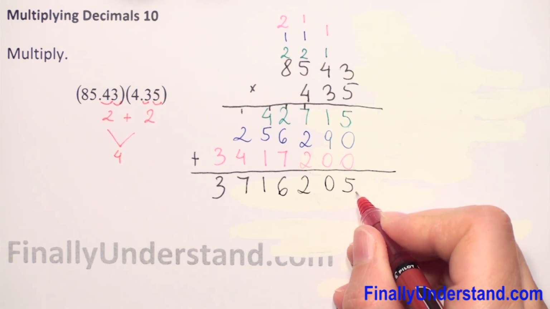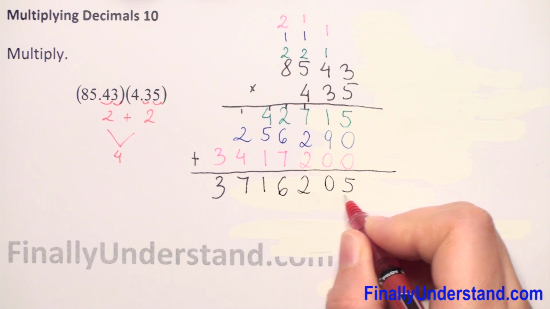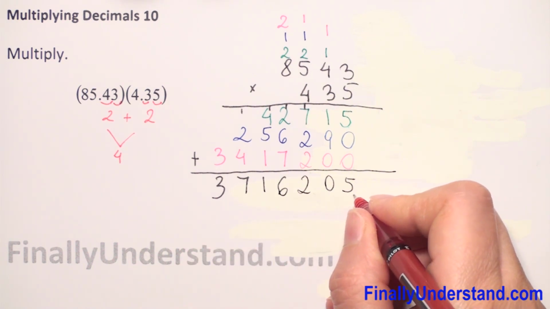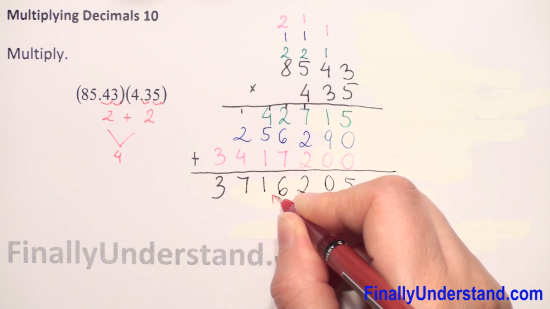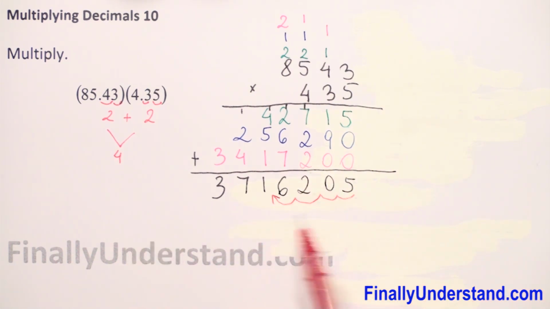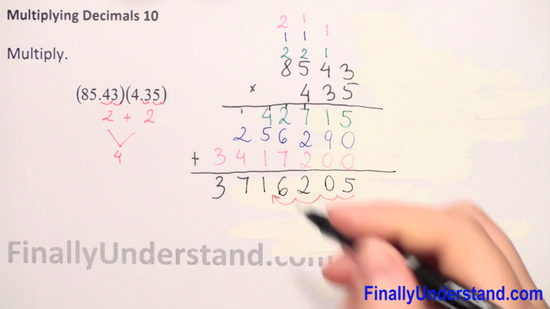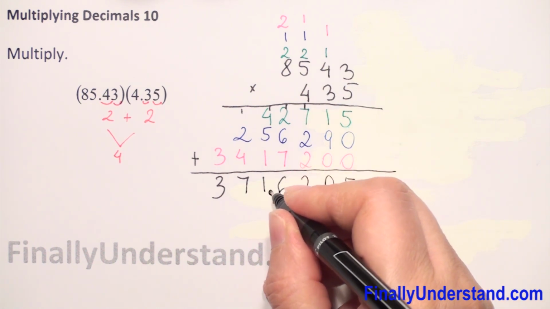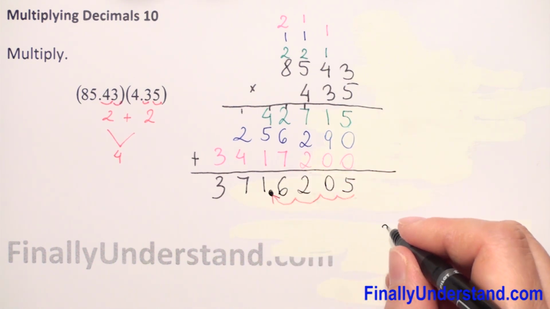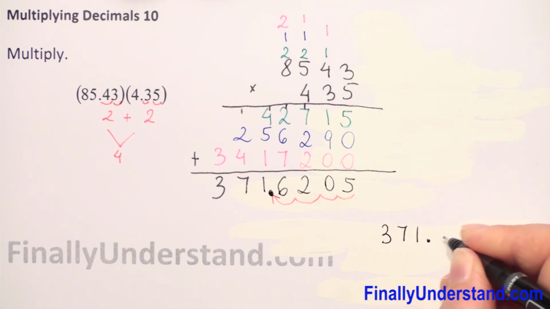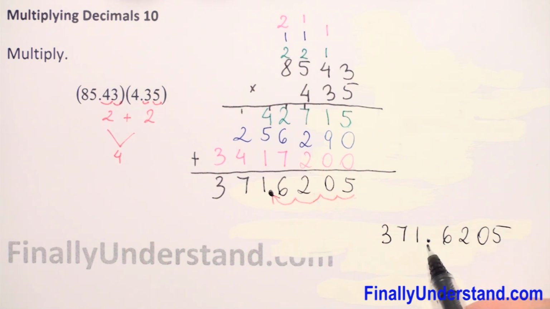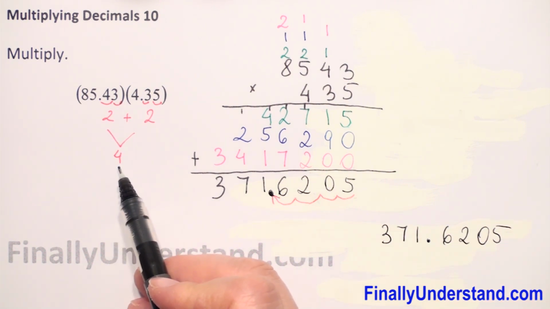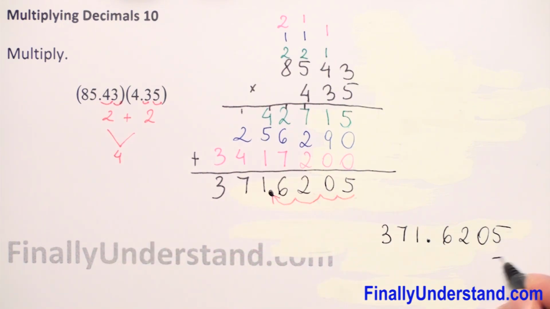We start from the last digit and go to the left side. 1, 2, 3, 4. 4 decimal places. So our decimal point will be between 1 and 6. So our solution is 371 decimal point 6205. We have 4 digits after the decimal point because we need 4 decimal places. This is my solution.